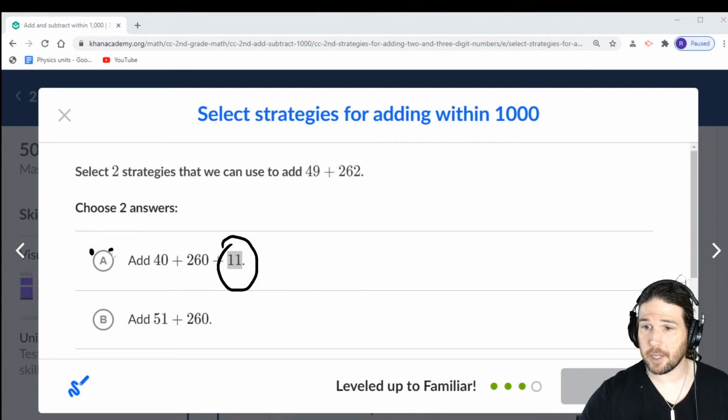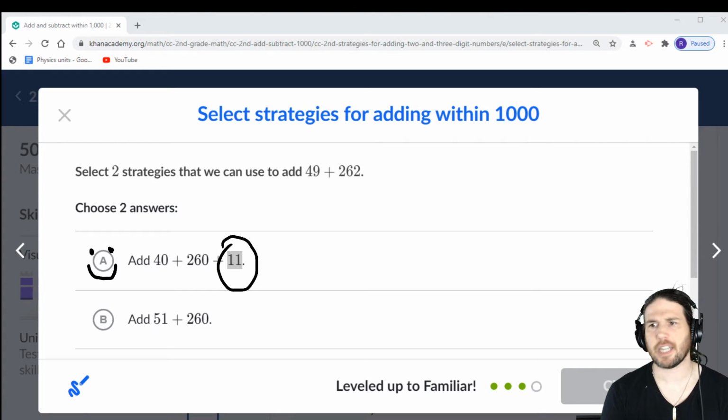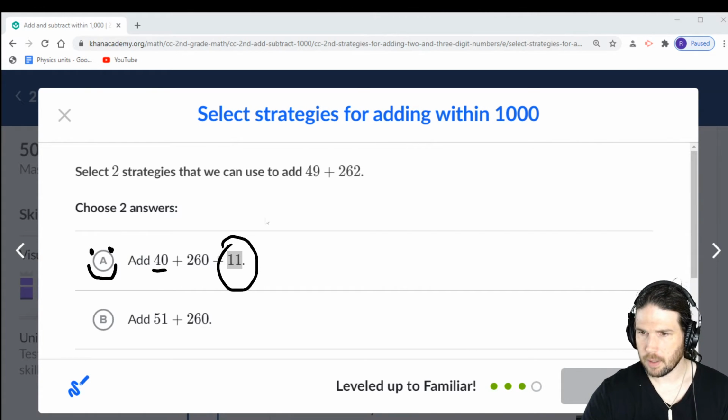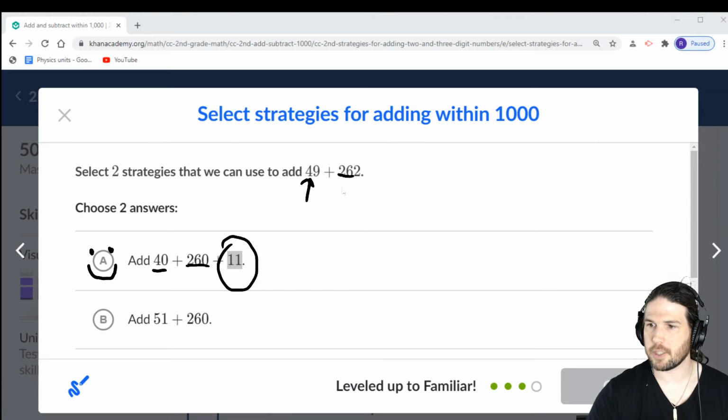A turns out to be a correct answer. But where did that 11 come from? I see that this 40 comes from this 40. And I see that this 260 comes from this 260. But where did that 11 come from?